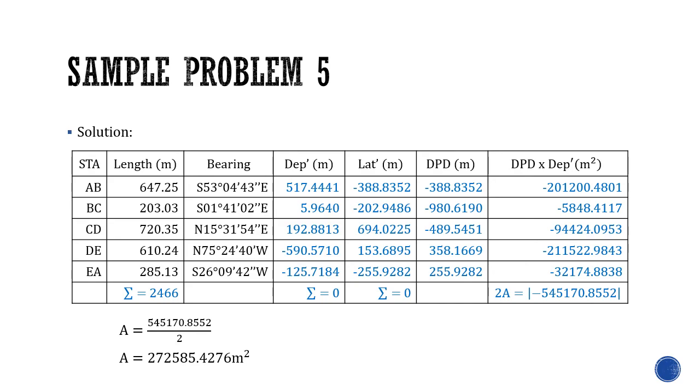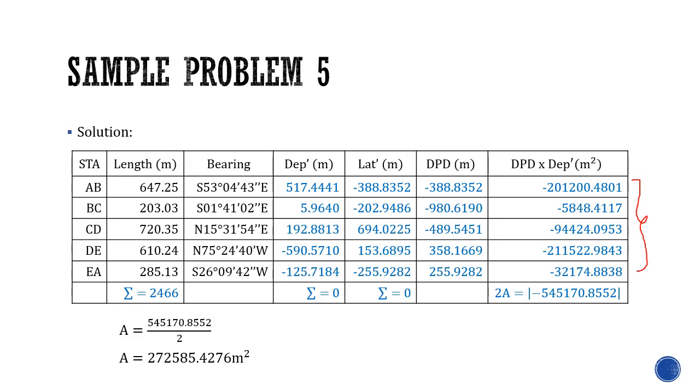Now, to get the area, ang gagawin mo lang, DPD. So ginamit mo yung latitude, so in this case, i-multiply mo naman siya sa departure. This one times this one, ito yung lalabas. This one times this one, ito yung lalabas. So on and so forth, hanggang sa dulo. Pag nakuha mo na yung mga product, isasum mo yung mga yan.